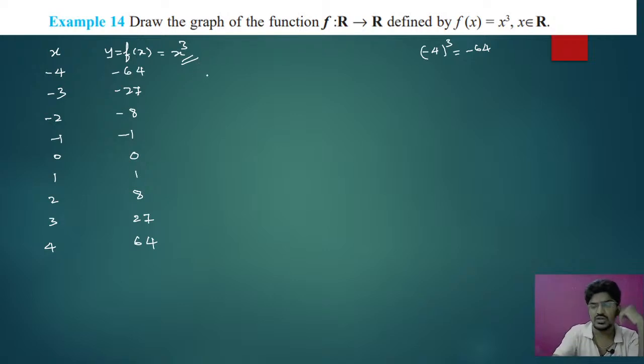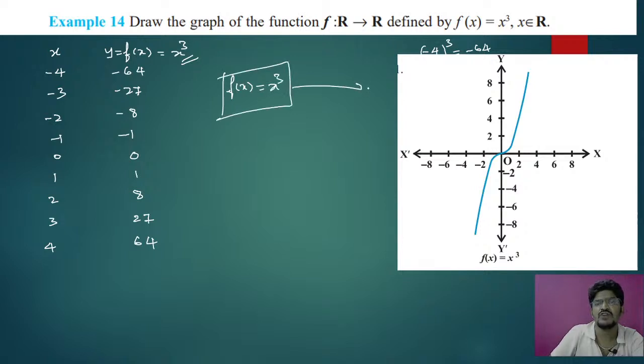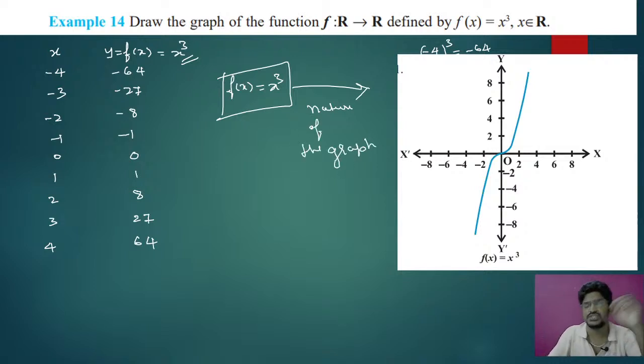Now here you can just see the diagram, that is the nature of your particular function f of x equal to x cube. See here, f of x equal to x cube, the nature of the graph will be like this. Clear?